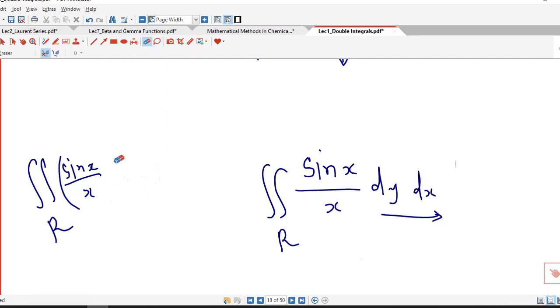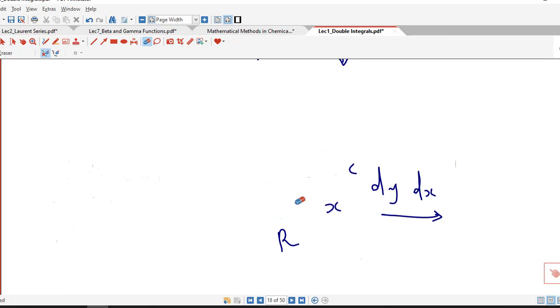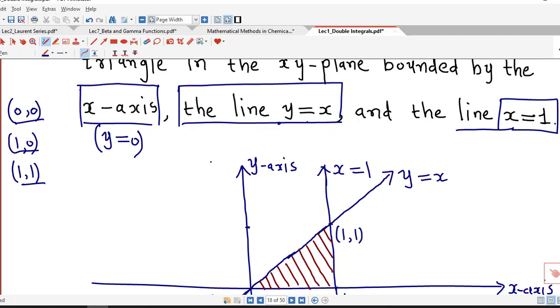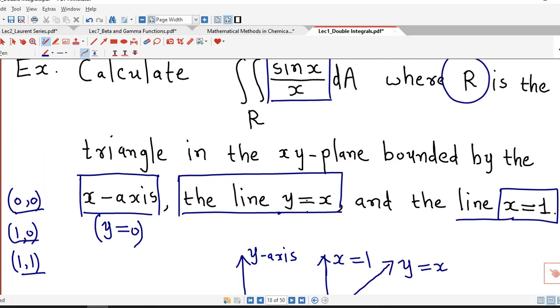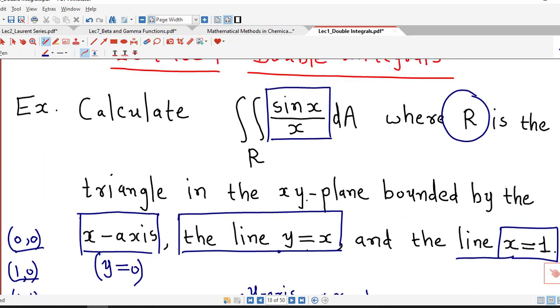There is no general rule for selecting the order of integration. Depending on the given function and the region of integration, we decide which order of integration is suitable for a given problem.